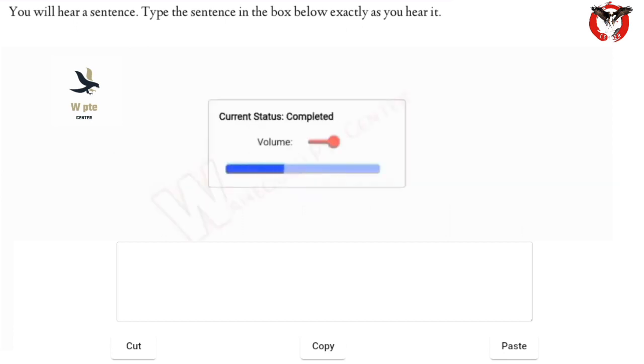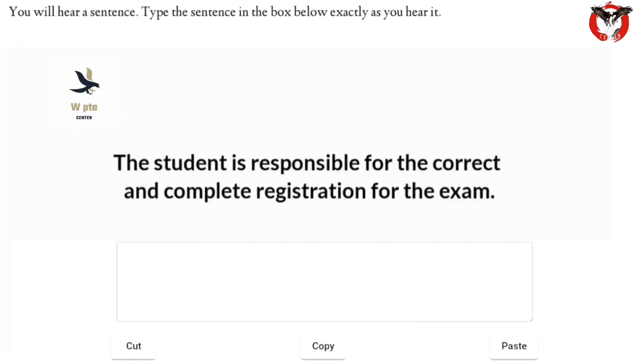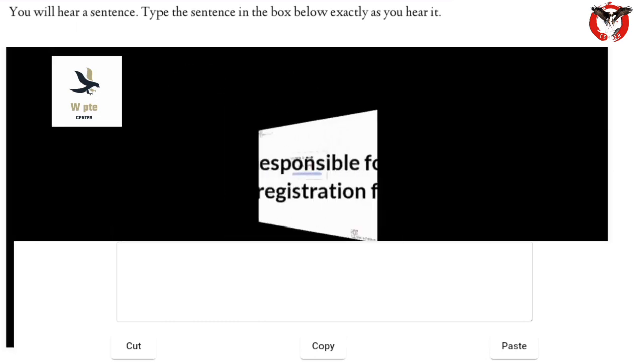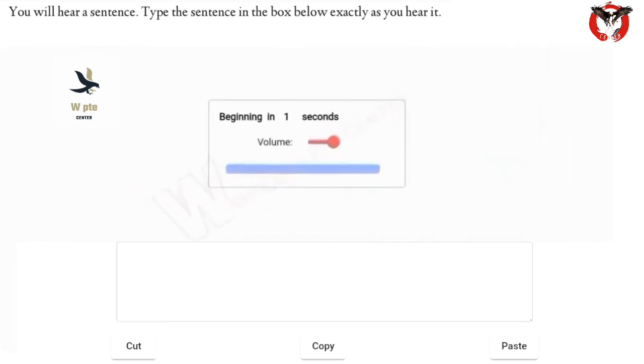The student is responsible for the correct and complete registration for the exam. The cafeteria will only serve cold meals on Friday this week.